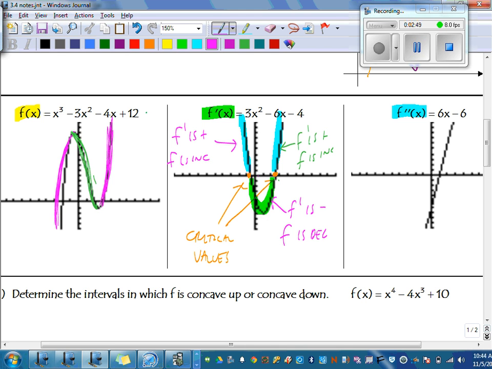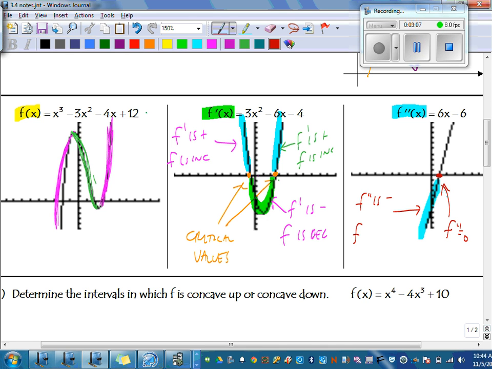Well, now let's look at the second derivative. Second derivative is 0 only one time. To the left of that, the second derivative is negative. So what does that tell us about f?